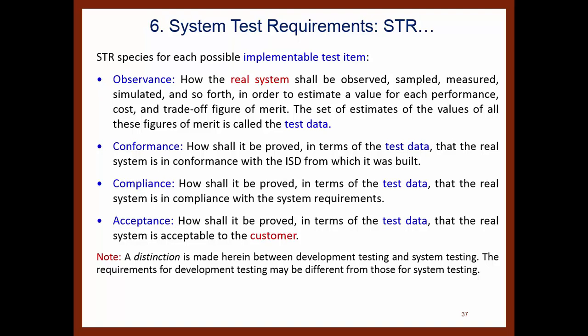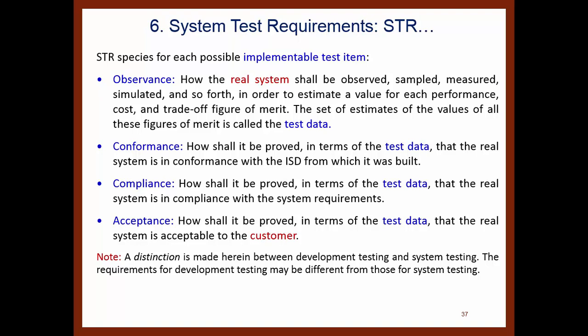So we can observe the system in order to know how to measure, how to simulate in order to make sure that we collect the right data, the right information to make a judgment. Conformance. How shall it be proved in terms of test data that the real system is in conformance with the implementable system design from which it was built?